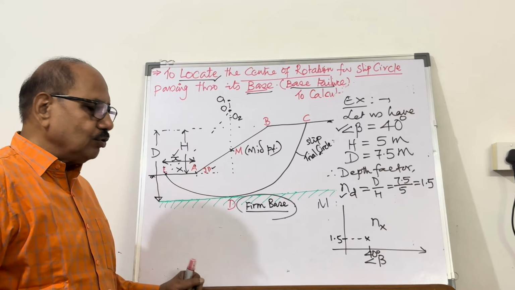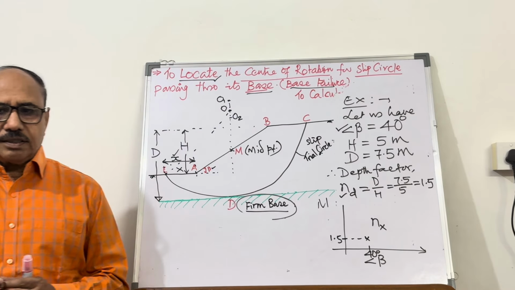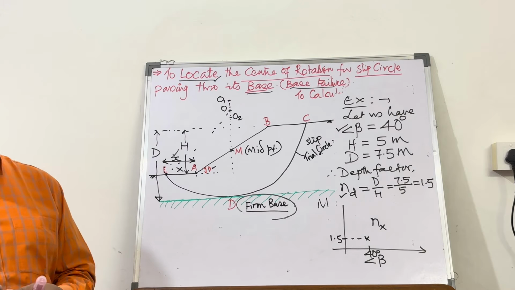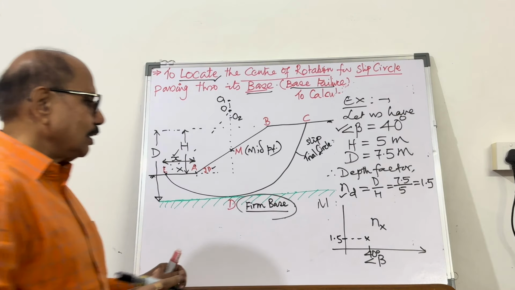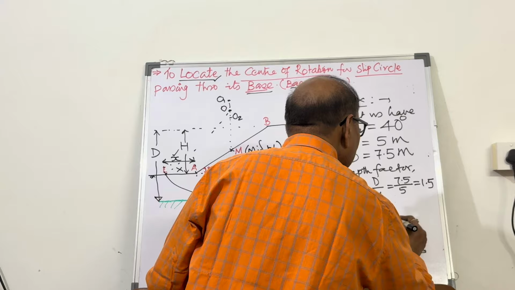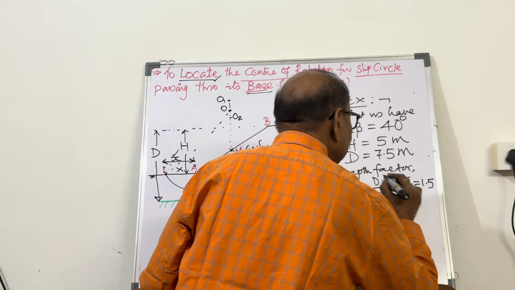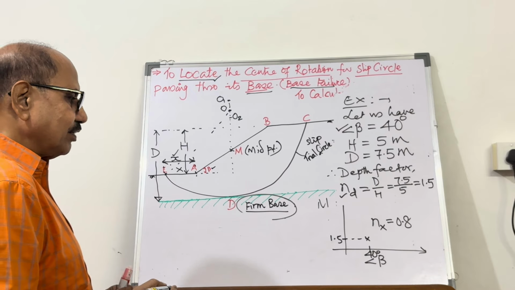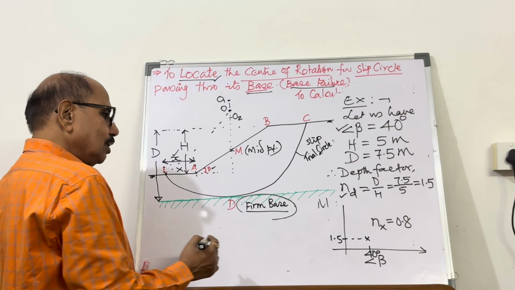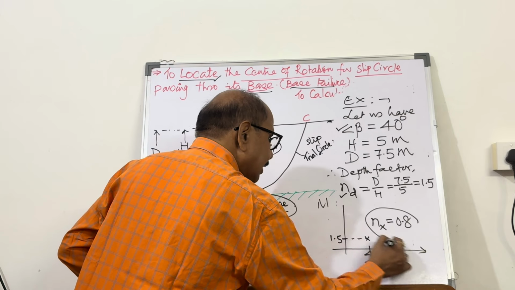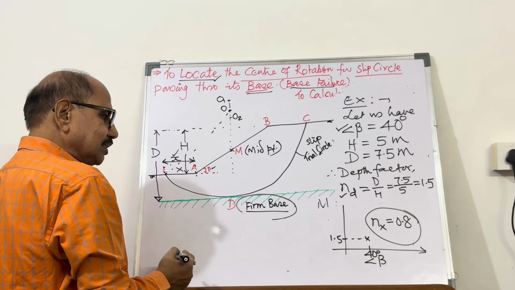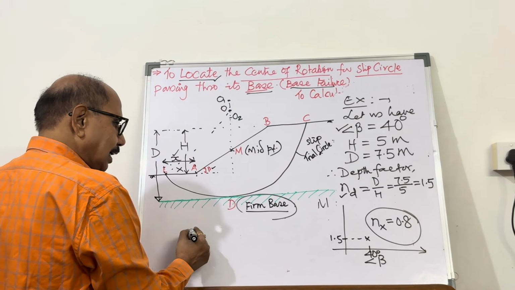The Nx value from the chart is very simple to find out because the charts are already given, and this comes out to be 0.8. These charts are given by Fellenius, quite useful. So I am able to find out for the given data the value of Nx from the chart.